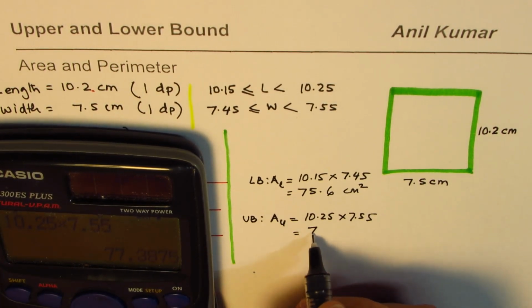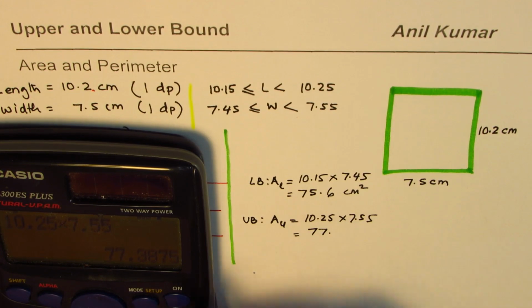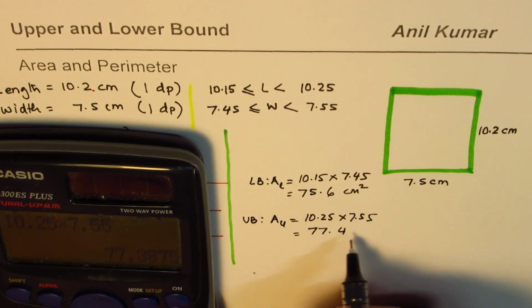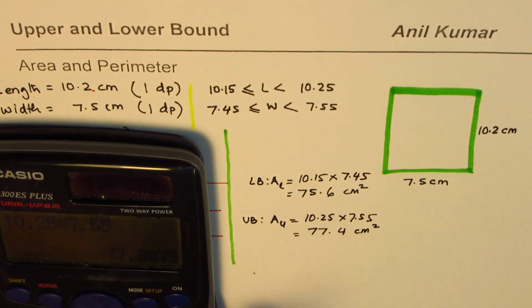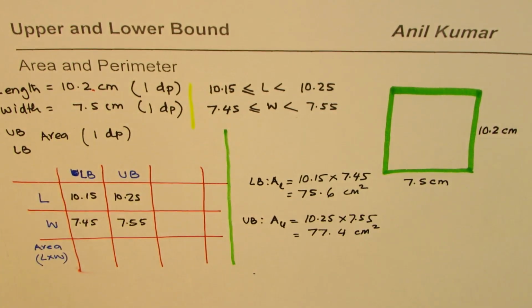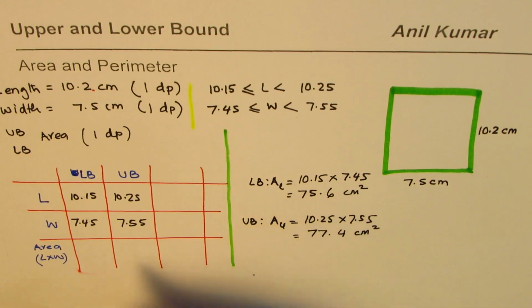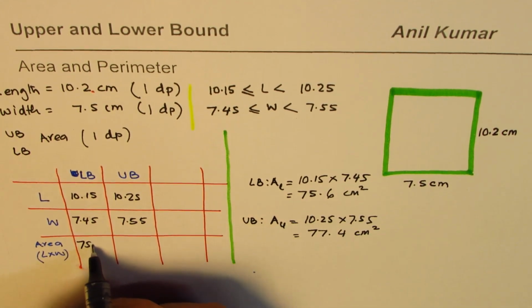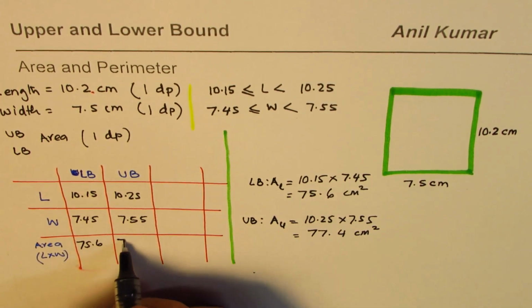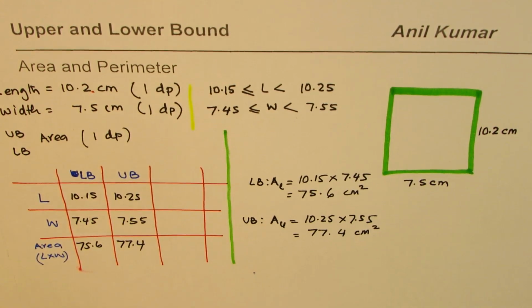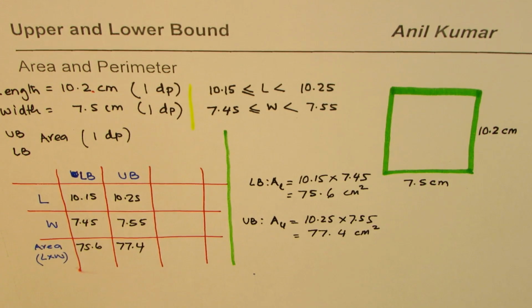So I could write 77.38 rounded as 77.4 centimeters squared. Is that okay? So that is how you get the upper and lower bound areas. So let me write down these figures here, 75.6 and 77.4, correct? That is how we find area, upper and lower bounds from the given specifications.